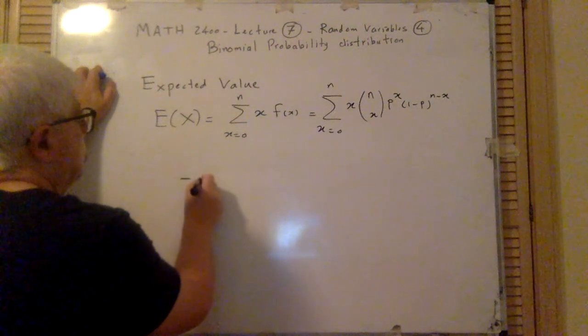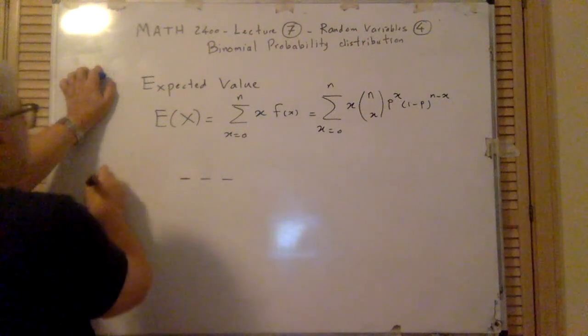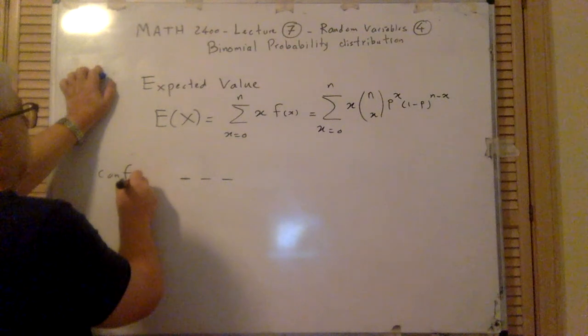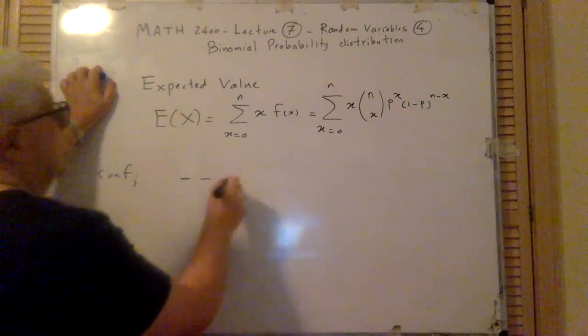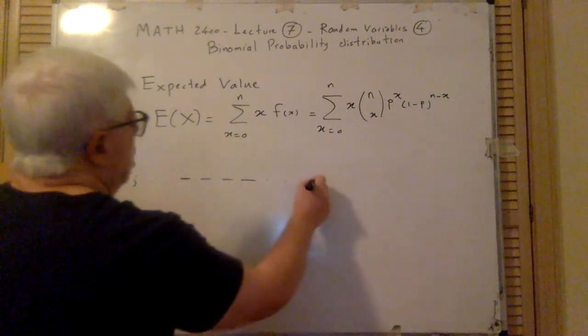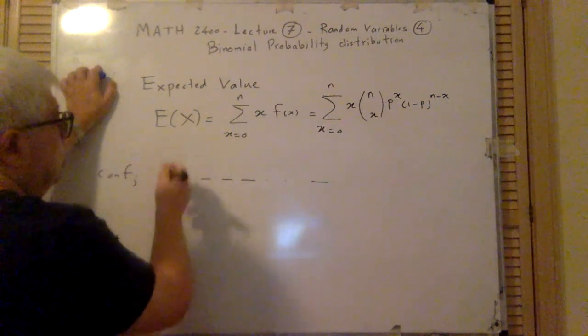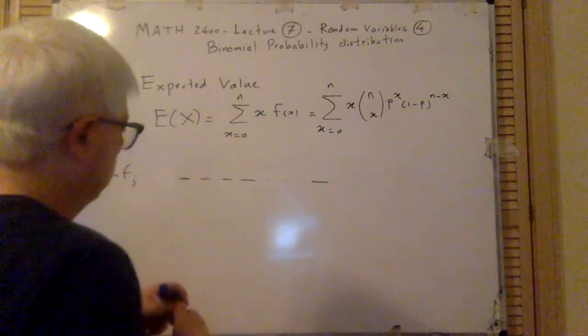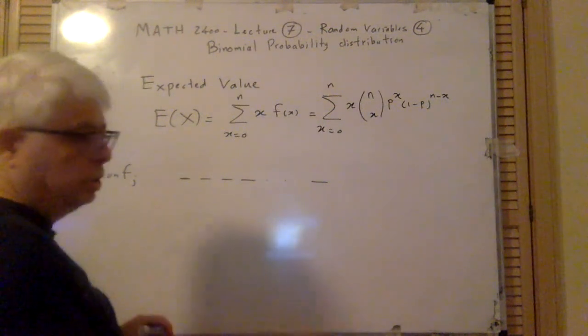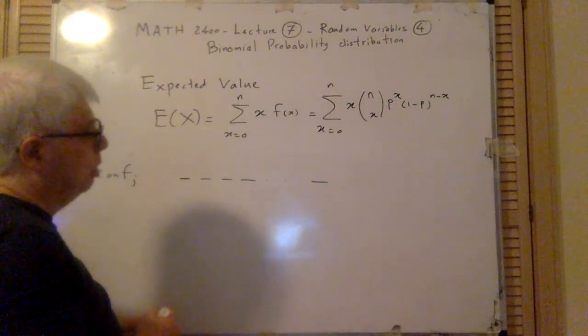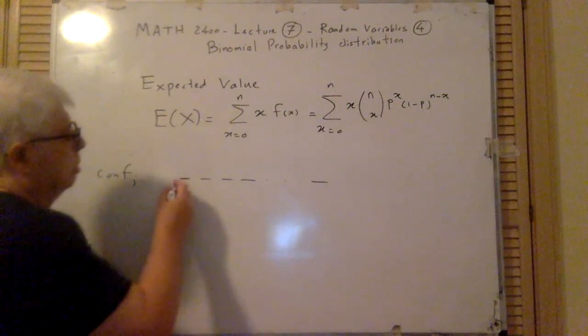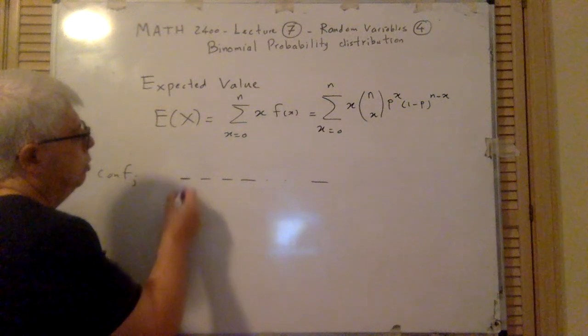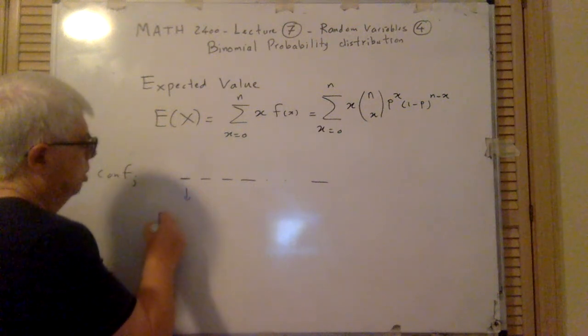So remember the configurations, one of those configurations, say configuration J, whatever. Each one of these trials, say each one of them is a Bernoulli process.